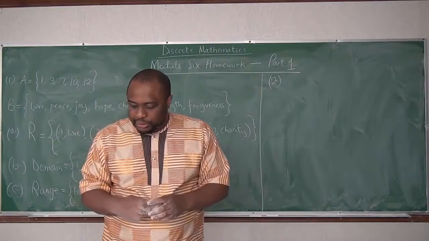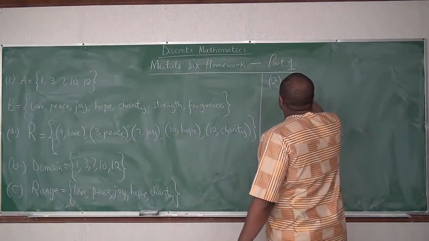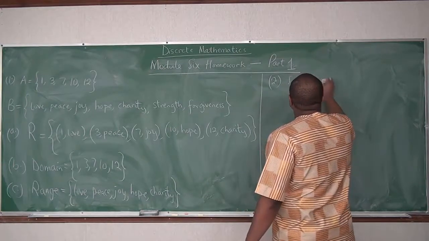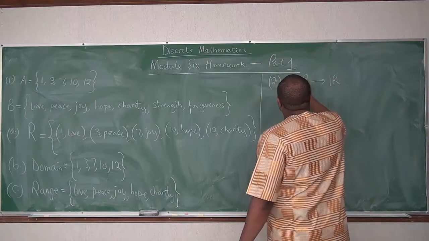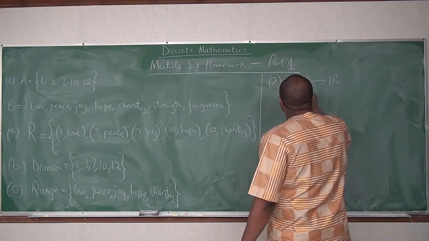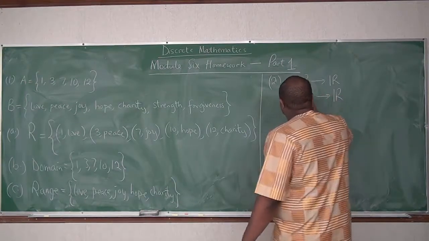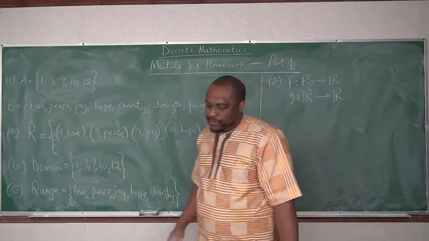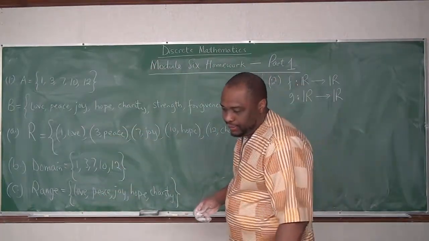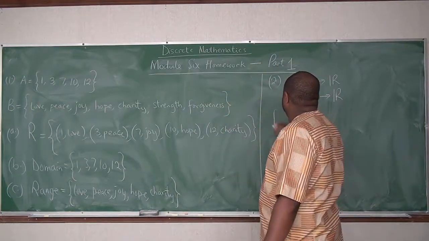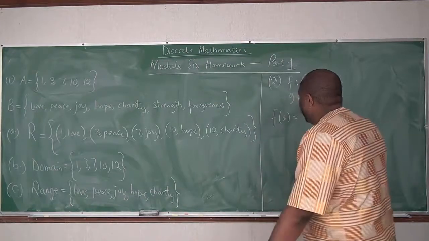Define functions f and g from reals to reals, real numbers. Okay, this is the definition. F of A is 3 plus A.